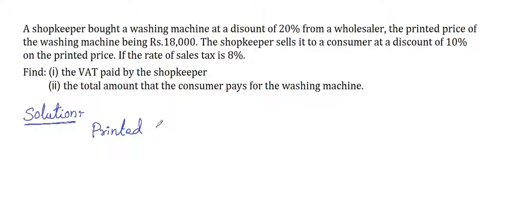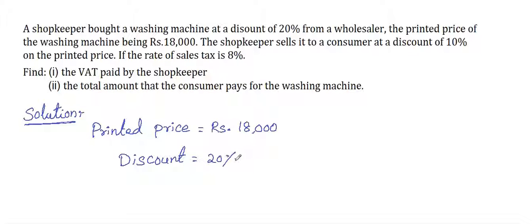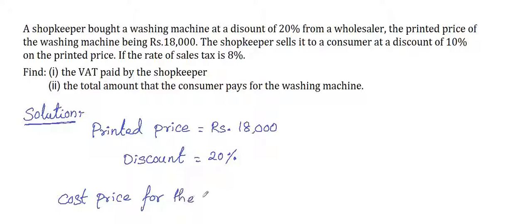So write down the printed price, which is 18,000, and the shopkeeper sells it to the consumer at the discount of 10% on the printed price. The rate of sales tax is 8%, and then we need to find the VAT paid by the shopkeeper and the total amount that the consumer pays for that washing machine.